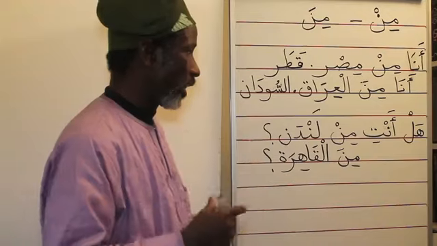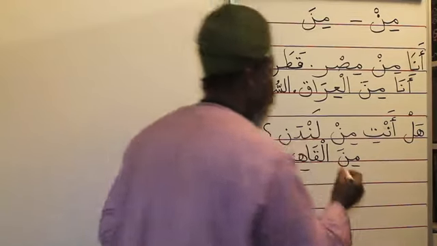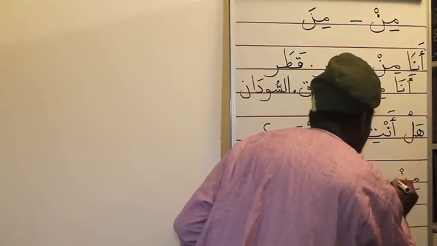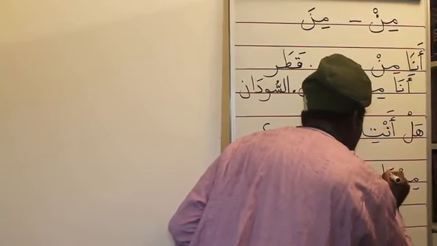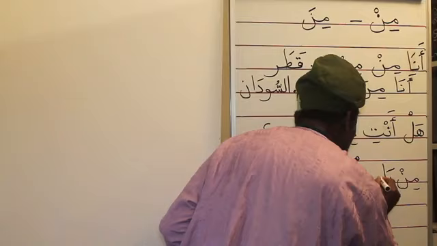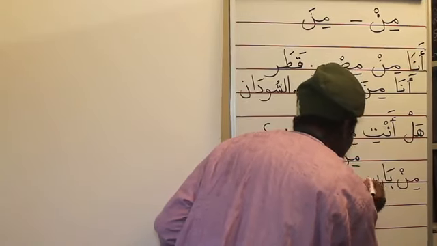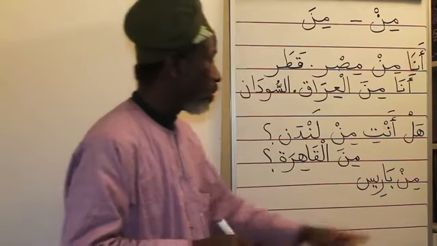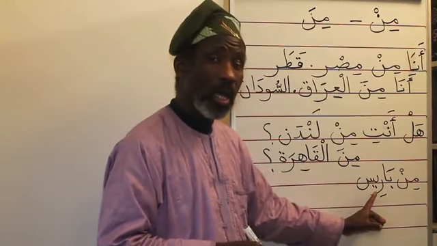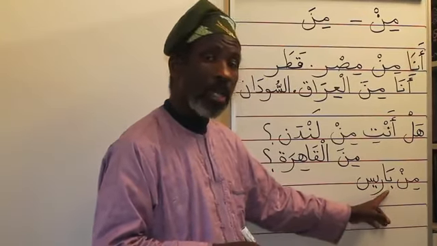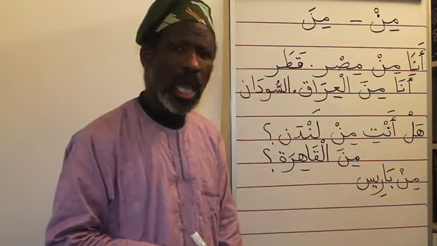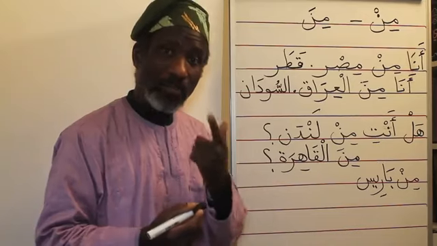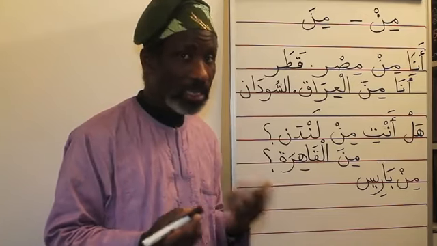Let's do another city in Europe, for instance. Ana min, let's do this one. Whether you can guess this. Ana min, this is ba. Ana min Paris. The p doesn't exist in Arabic.